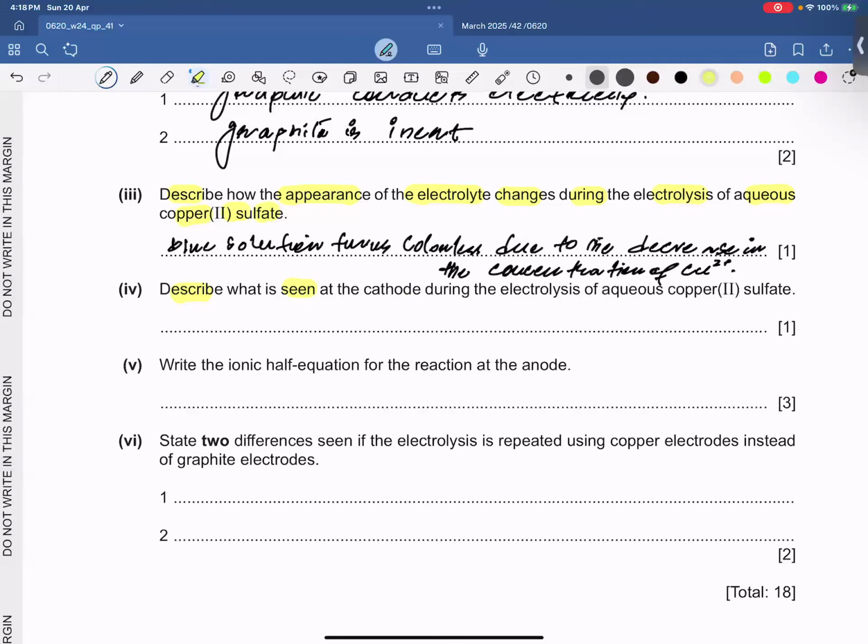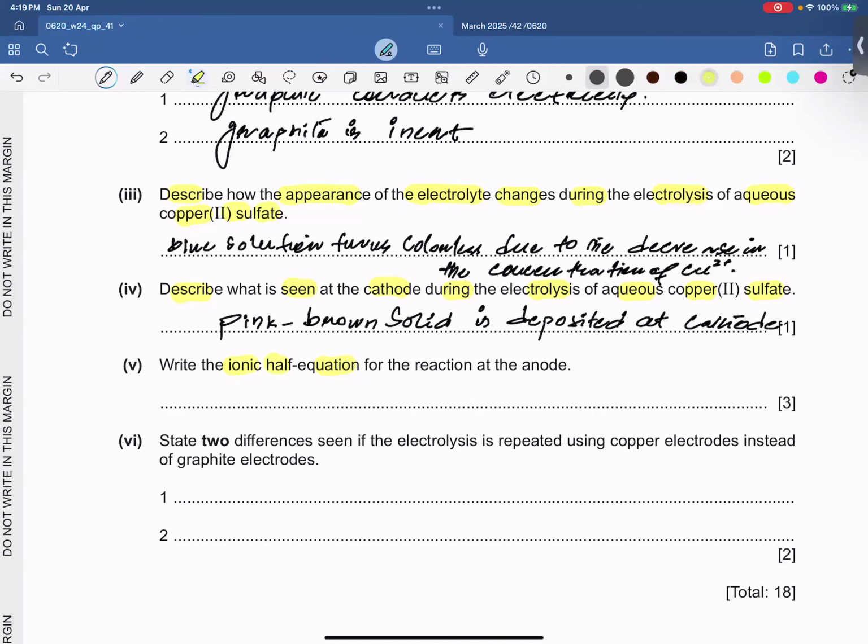Describe what is seen at the cathode during the electrolysis of copper 2 sulfate. Pink brown solid deposited at cathode. Yeah, pink solid is deposited at cathode.